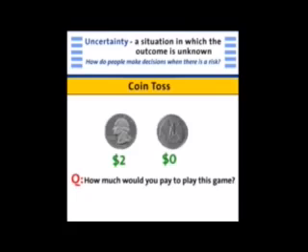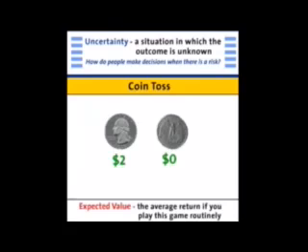Well, let's figure out, first of all, what the expected value of this gamble is. The expected value is the average return if you play the game over and over and over again. The expected value is calculated as follows. First of all, take the odds of each outcome and multiply those odds by the value of that outcome.